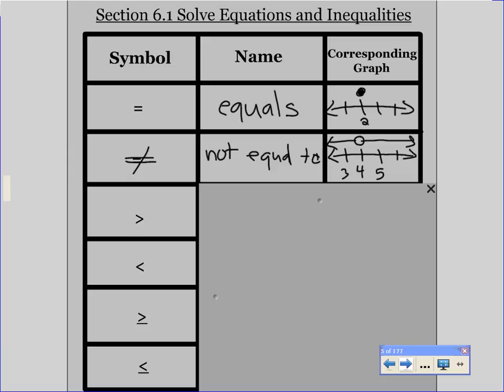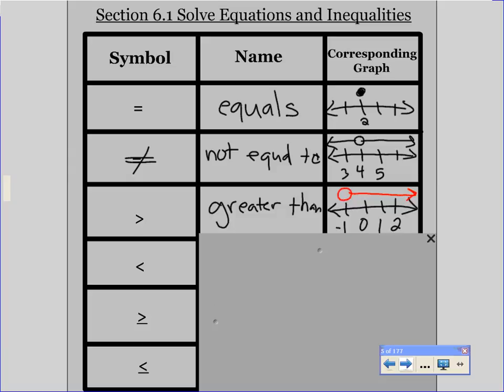Angela? Good, it's not equal. So if it's x is greater than 4, or in this example, x is greater than -1, it can't be equal to that number. On this one, it cannot be equal to -1. That open circle tells you it can't be that, but it can be anything where this arrow is. So greater than -1 or greater than whatever it might be, has to be greater than that.